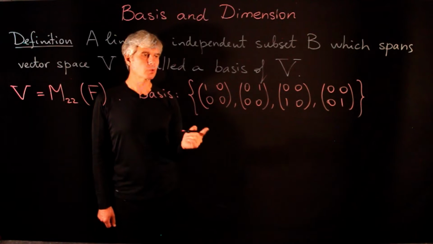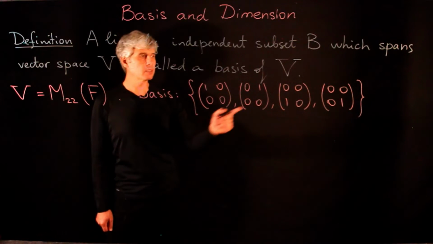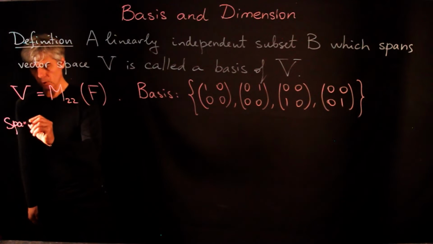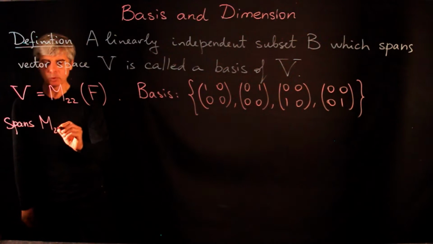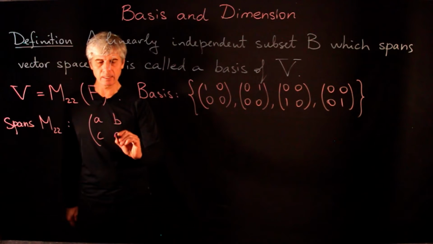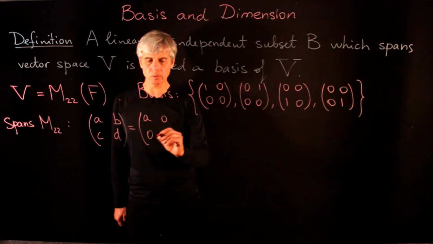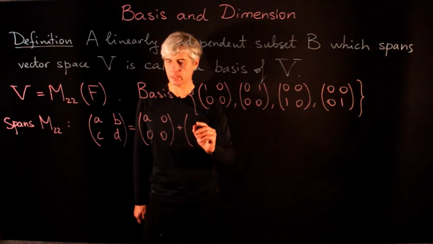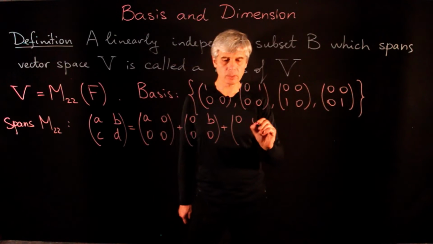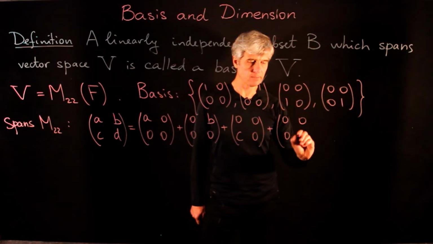To show this, we need to show that this set of four matrices spans the space of all matrices and that this set is linearly independent. To show that it spans M22, we take a matrix [a, b; c, d] and write it as a sum of four matrices: [a, 0; 0, 0] plus [0, b; 0, 0] plus [0, 0; c, 0] plus [0, 0; 0, d].